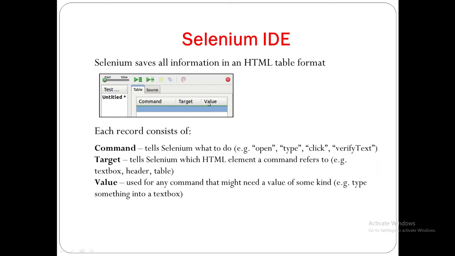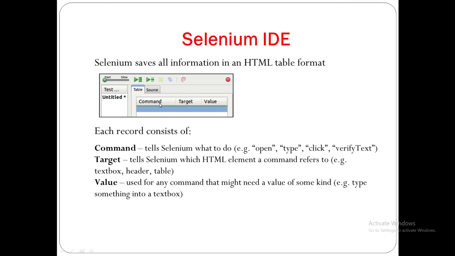Selenium IDE has a very important table which saves all information in HTML table format. It has 3 table columns that contain command, target and value. Command tells Selenium what to do.